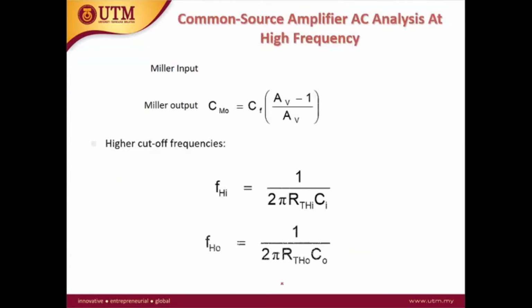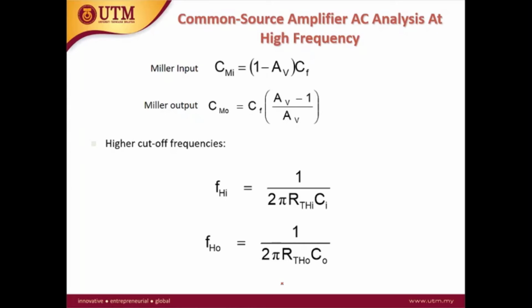In terms of the AC analysis at high frequency, what happens to the equivalent circuit is that the parasitic capacitors will appear. For the high frequency analysis, we will do the analysis separately for the input side and output side.